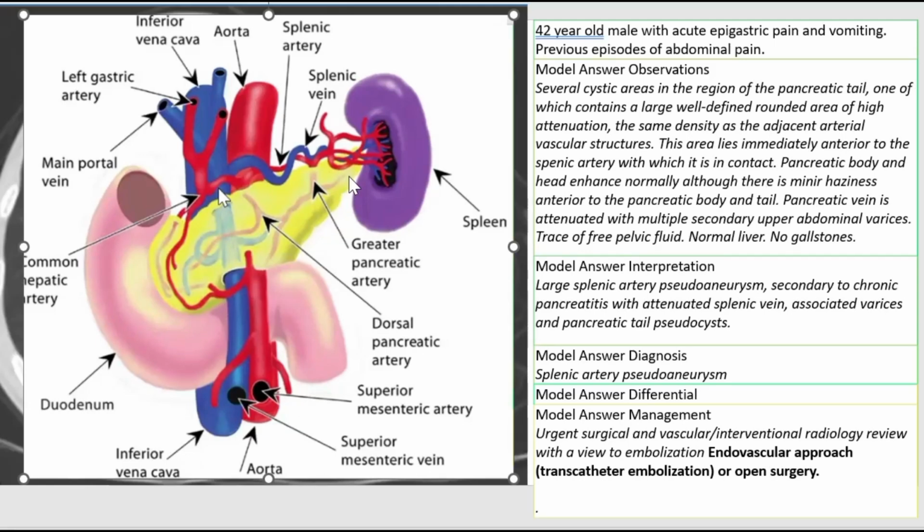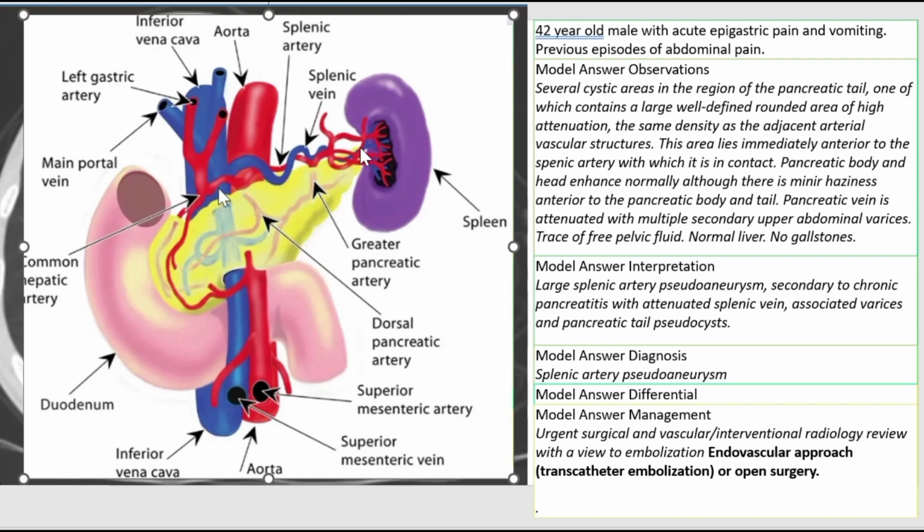Before starting the case, let's talk about the splenic vessels, which run along the posterior and superior surface of the pancreas. Splenic artery is a branch of the celiac trunk. As you know, the celiac trunk gives three main branches.